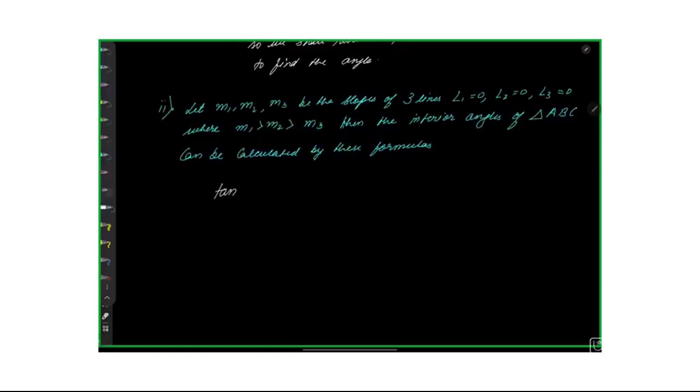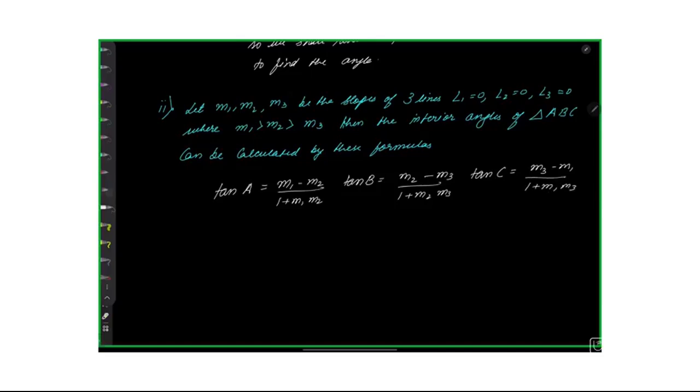Tan A equals (m1 minus m2) over (1 plus m1 m2). Tan B equals (m2 minus m3) over (1 plus m2 m3). Tan C equals (m3 minus m1) over (1 plus m1 m3). These are the formulas.